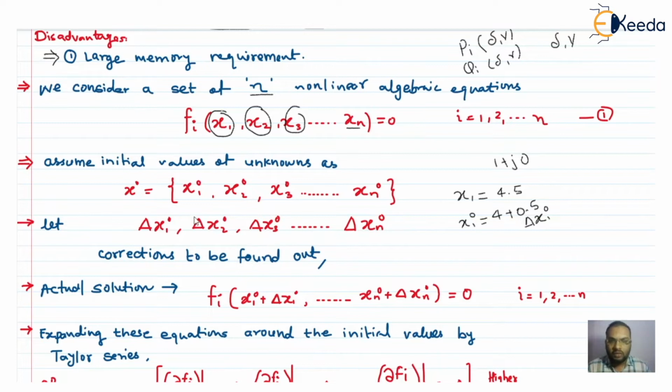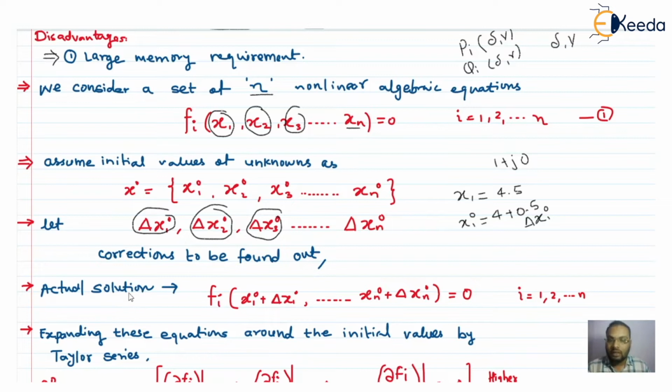So this is what is given here. Del x1 naught, del x2 naught, del x3 naught are the corrections to be found out. We have to find these corrections in such a way that if I add them to the respective unknowns, that will give me the actual solution.